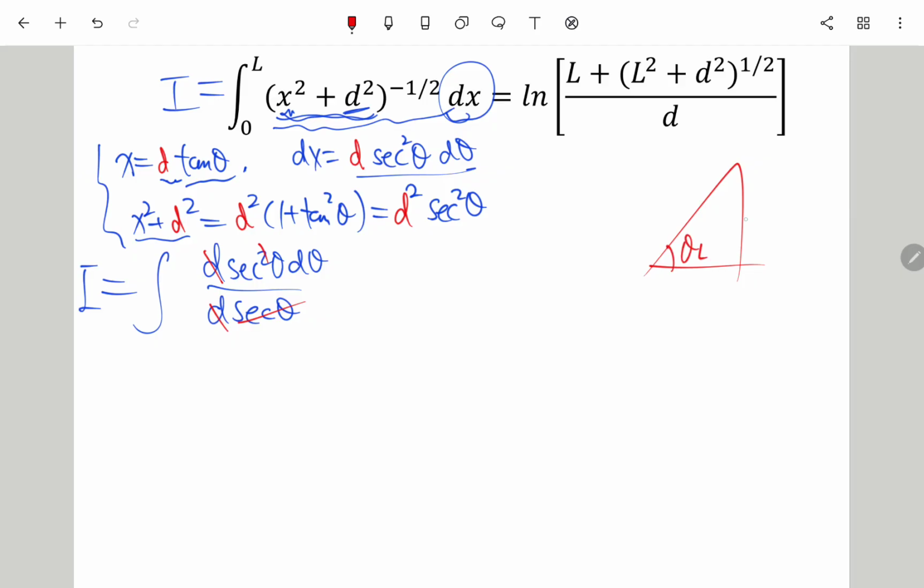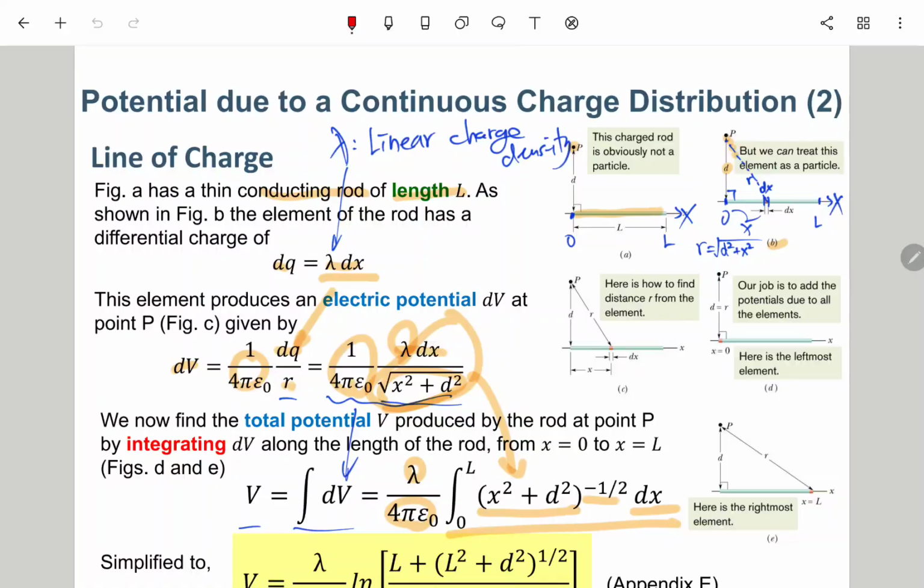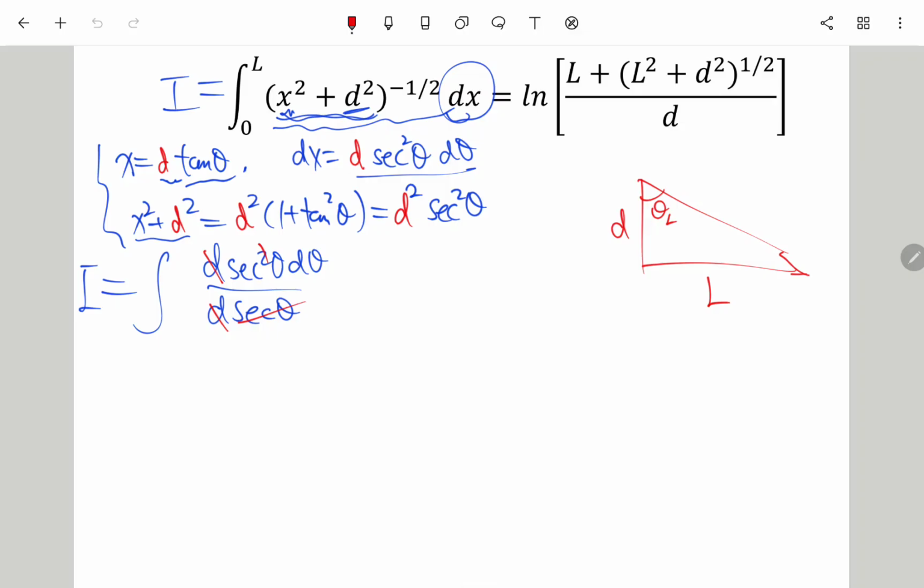This side is L, this side is d, and this angle is theta L. If you go to the last point, the last point is L, and we consider this angle theta L. For the very first point, the angle will be 0. So it will be from 0 to theta L.